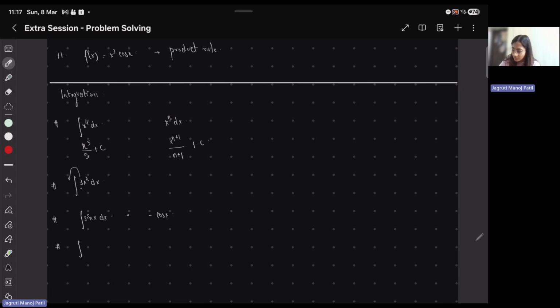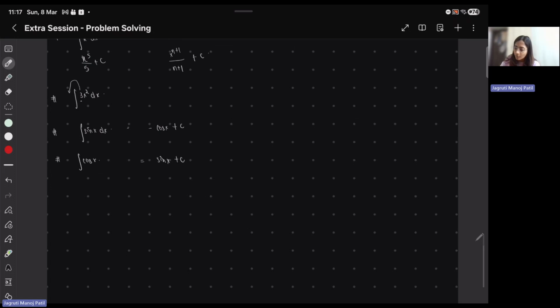Whereas if you integrate cos x, it's a sin x. Okay, again you have c here. You can do it for other trigonometric functions also, the ones which are left. You can try for tan, cot, sec, and cosec also.